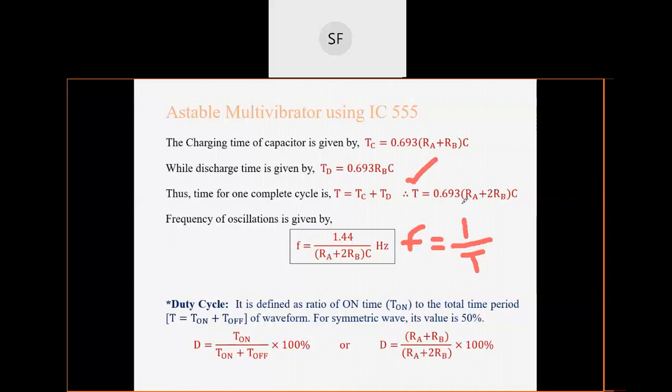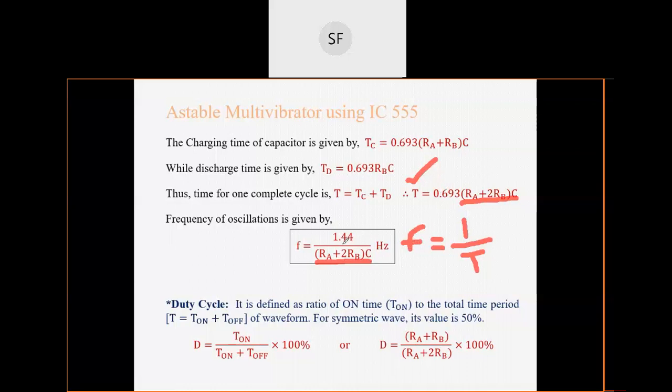So these terms are already there in the denominator. You can observe, right? But instead of 0.693, what has come here? 1.44. Why?